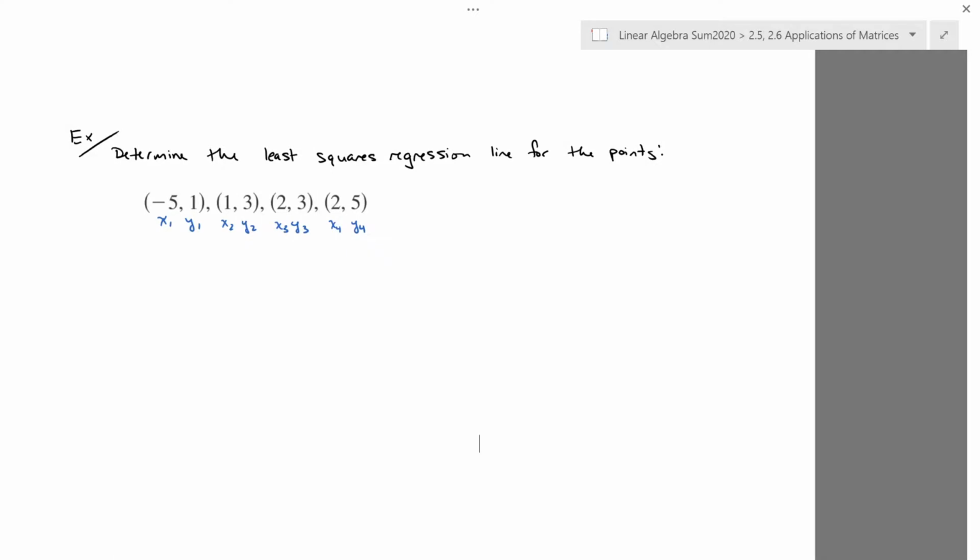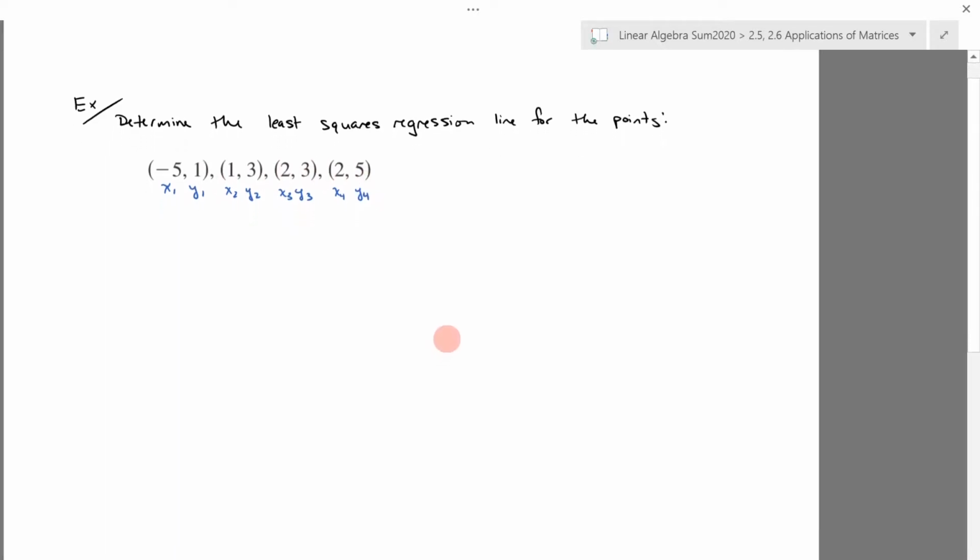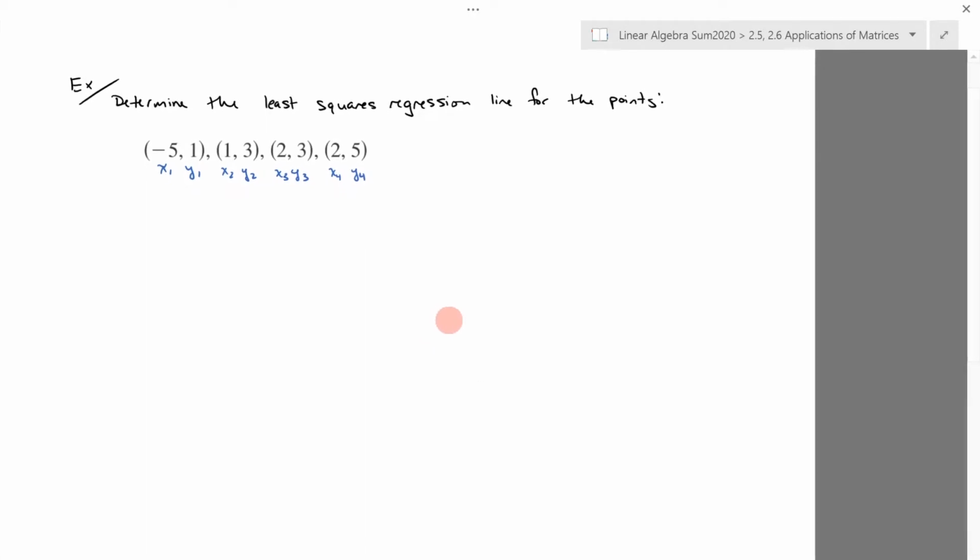Okay, so let's go over an example where we calculate the least squares regression line for the following set of points. We're given 4 points, with these x and y coordinates. First, to get the regression line, we need to set up our matrices y and x.